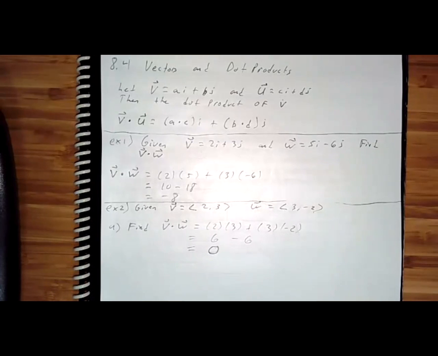Now, whenever you get a 0 on a dot product, that means that the vectors are orthogonal to each other. Basically that they're separated by a 90-degree angle. That's all that means.